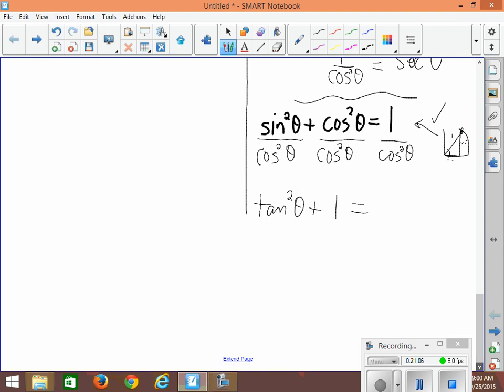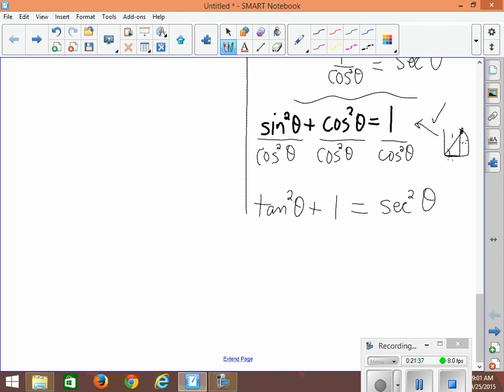Well, we said the reciprocal of cos theta is secant theta. 1 over cos theta is secant theta. So 1 over cos squared theta, this is just the square of that, would be secant squared theta.